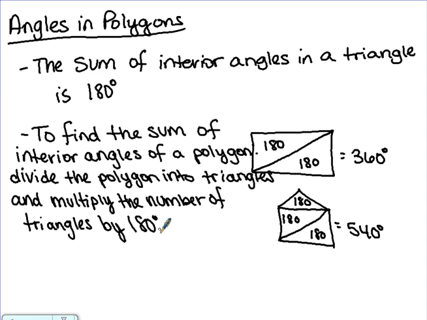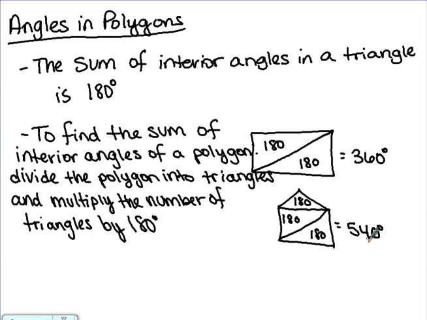Just as we did over here with the quadrilateral and the pentagon. The quadrilateral was divided into two triangles, 2 times 180 gives me 360. The pentagon was divided into three triangles, 3 times 180 is 540. You could do the same with a hexagon, with an octagon, all the way up through. Divide the shape into triangles, multiply the number of triangles by 180.